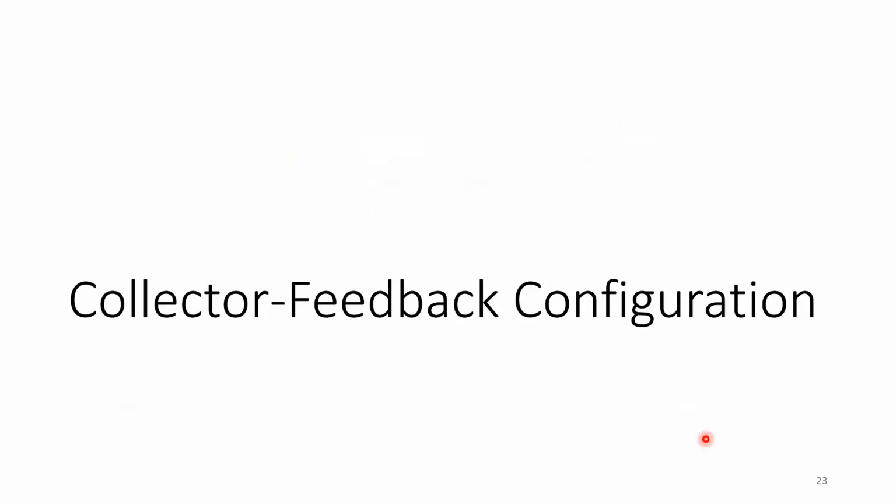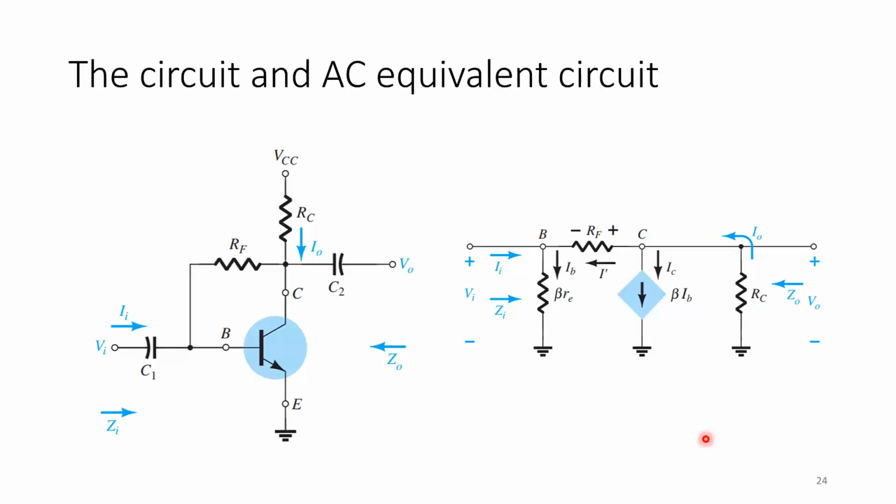And the last configuration that we will look at is the collector feedback. For the collector feedback configuration, I'm not going to go through any examples. It's just to show that if we have this circuit, which we did when we did DC biasing, we can still draw the AC equivalent circuit and replace the transistor with the re model. But now between base and collector, you have the feedback resistance RF.